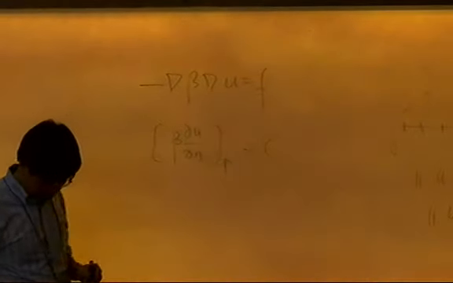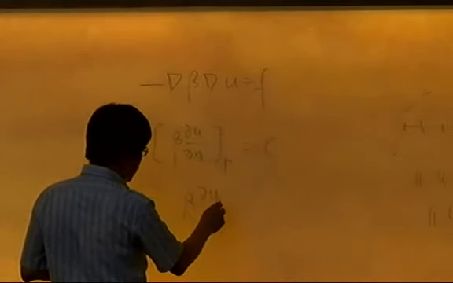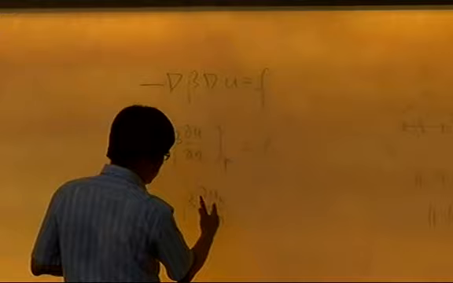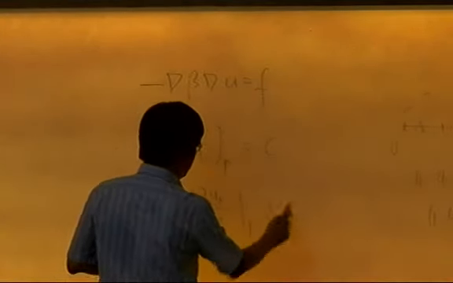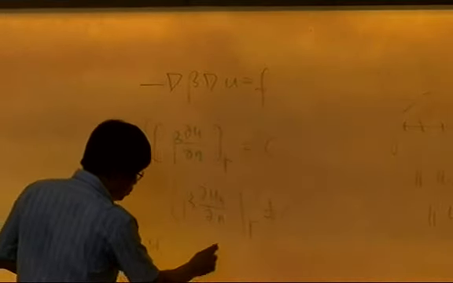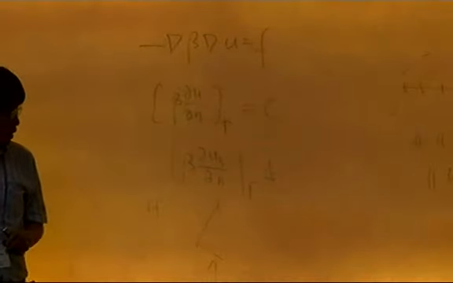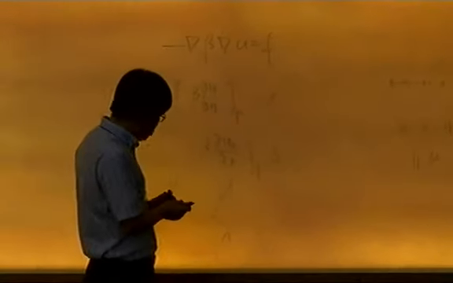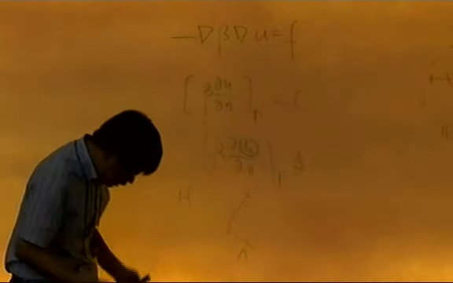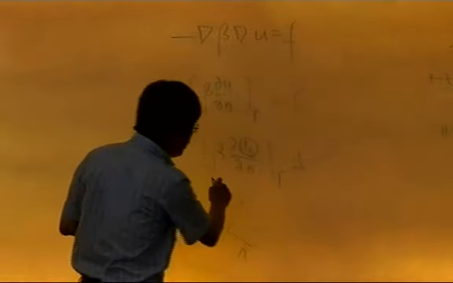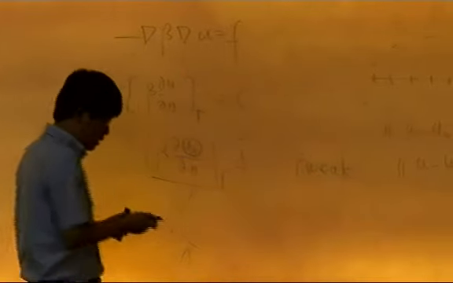And our numerical solution U sub H does not satisfy this one if gamma passes through the element. But the idea is to change this basis function so that it satisfies this one in at least a weak sense. Okay? At least a weak sense.